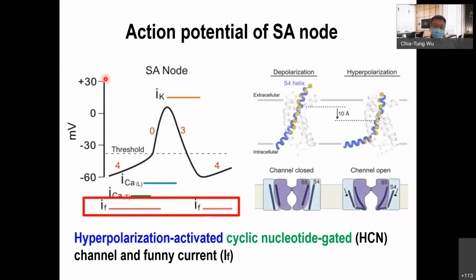When the resting membrane potential becomes negative, it opens. Sodium and potassium can move across the channel, and there will be a net positive inward current. So the resting membrane potential will gradually depolarize to -30, and the calcium channel opens, and there's an action potential. This is the impulse of our heart, and the signal then travels through the AV node to our ventricle. So this is why the SA node can generate an action potential by itself, because it has an important current called the funny current.